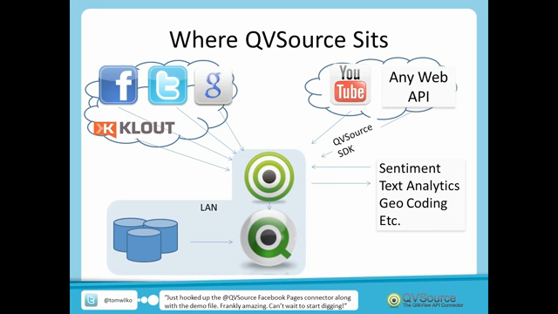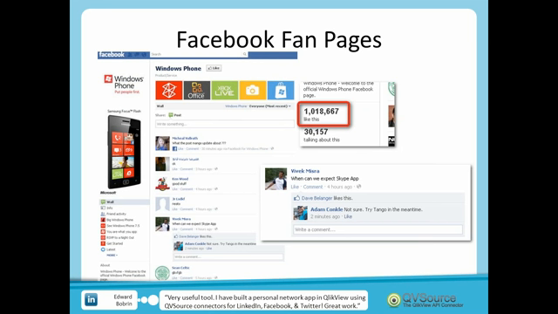So this is a Facebook fan page. It's a public page. QB Source can use one of its connectors to pull data down about this Facebook page. So we can pull down the comments or the posts. We can see how many people like the page, people are talking about the page.